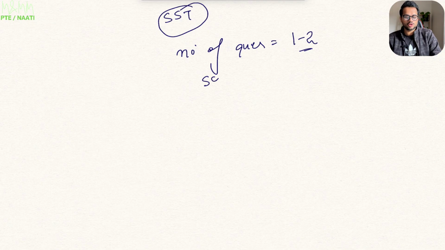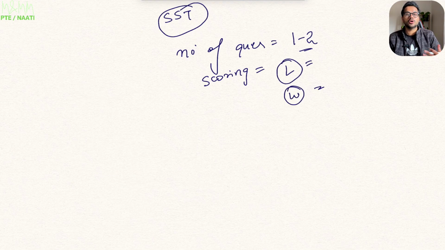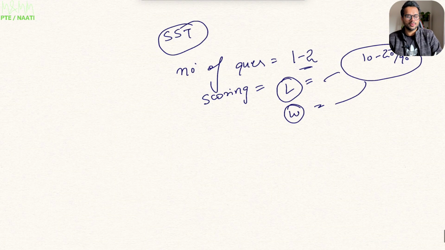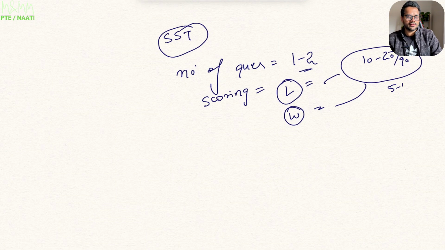In terms of scoring, this one will give you marks in both listening and writing because you would be listening to an audio and then your job is to type a summary based on that. Now, this topic gives approximately 10 to 20 marks out of 90, which gets distributed equally in both, and that's approximately 5 to 10 marks going towards listening and 5 to 10 marks going towards writing.